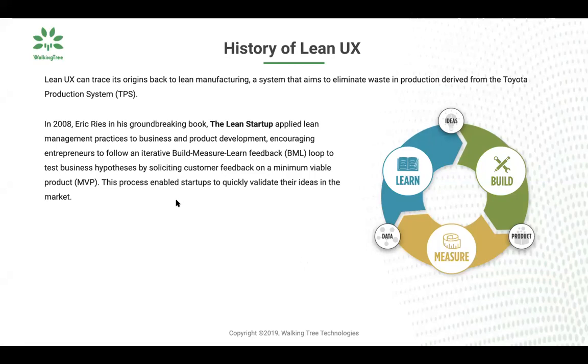And with the same model, when they wanted to apply the same principles to product development, Eric Ries, in his book The Lean Startup, applied these management practices to the business and started this build, measure, learn feedback (BML) loop to test business hypotheses by soliciting customer feedback on a minimum viable product.